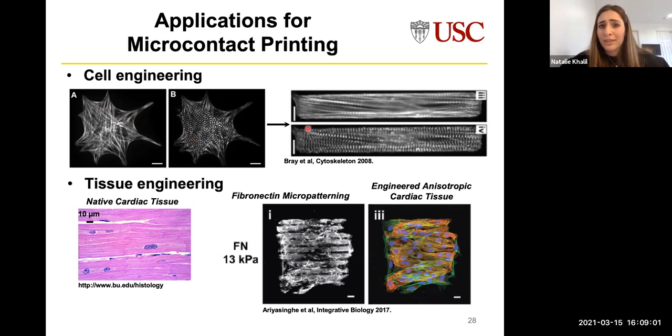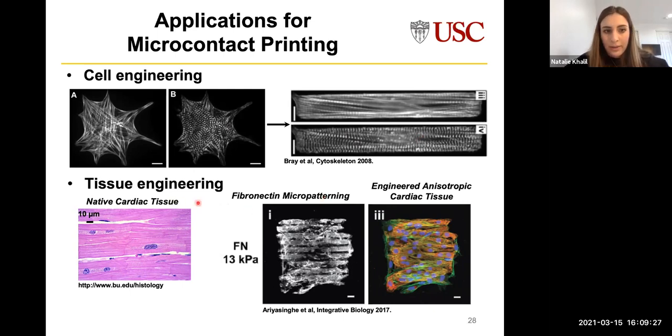But when we change the cell shape by printing, instead of squares, we're micro-patterning rectangles with 7-to-1 aspect ratios, you can see that we can induce sarcomere alignment. And this is really important in cardiomyocytes or in any muscle cell, because this enables the cells to contract in one direction and produce optimal force generation.